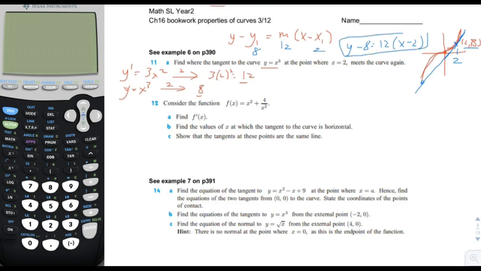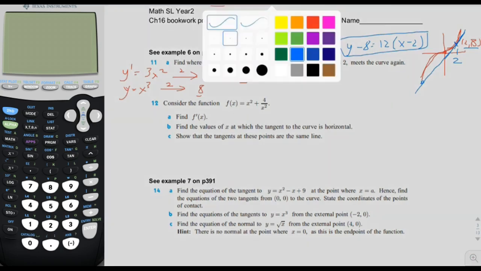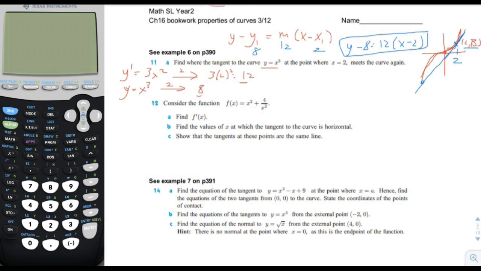Okay. And now we just need to check where it meets the x cubed function again.